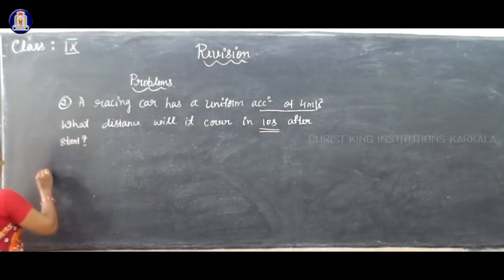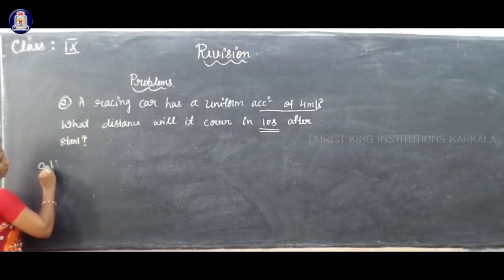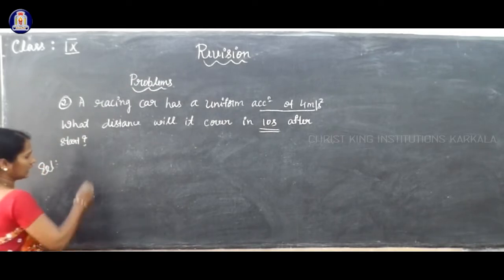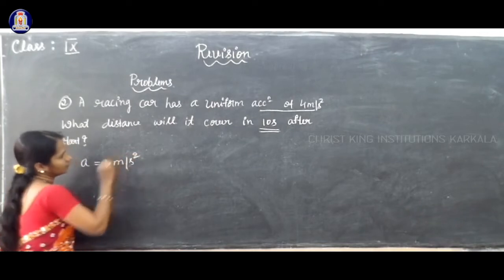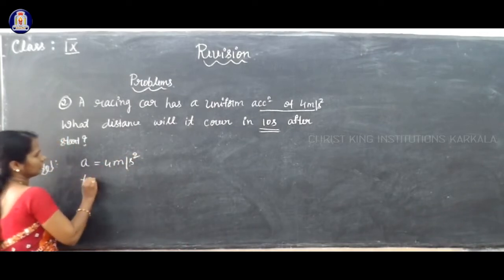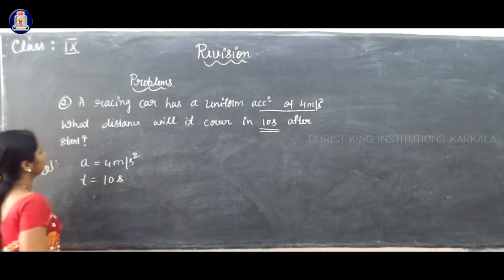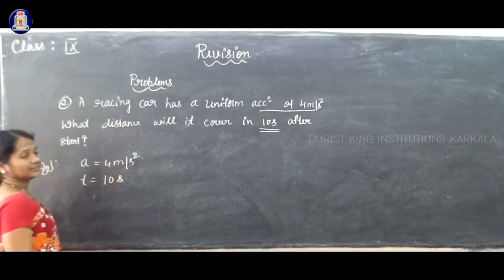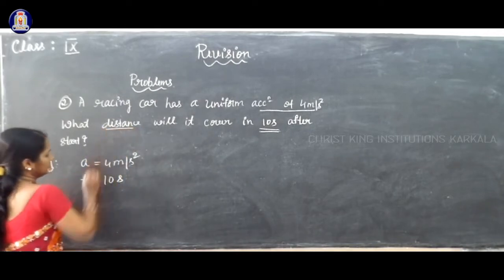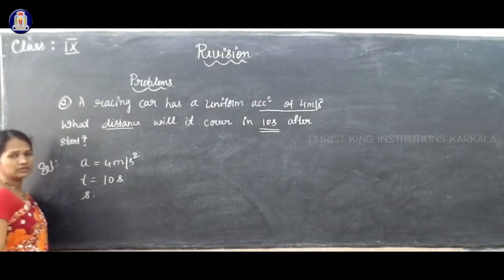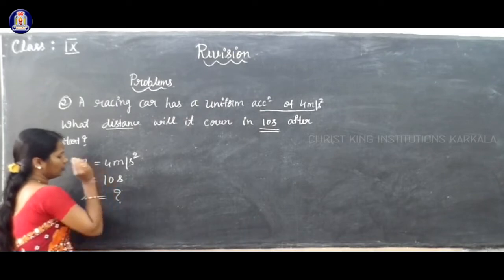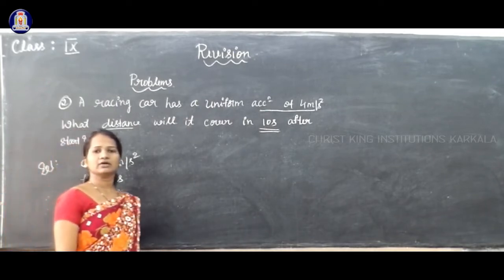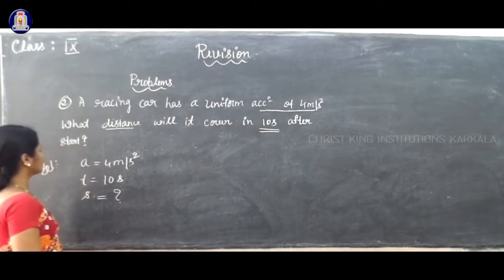So what is given? Solution. Acceleration A is equal to 4 meter per second square. Time is given, T equal to 10 seconds. We are going to calculate distance travelled, that is S. What about the initial velocity of the car?